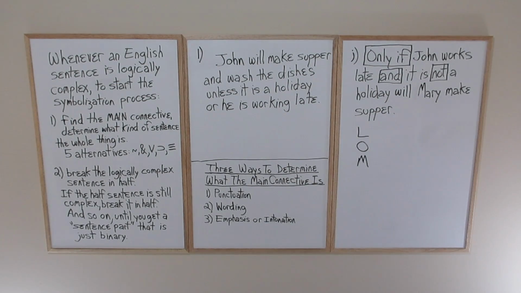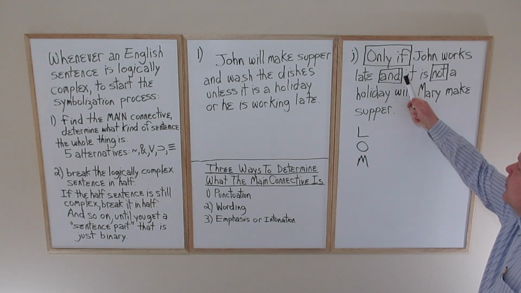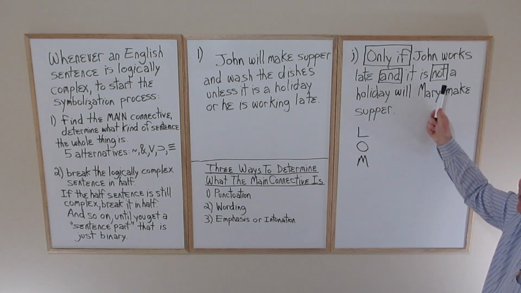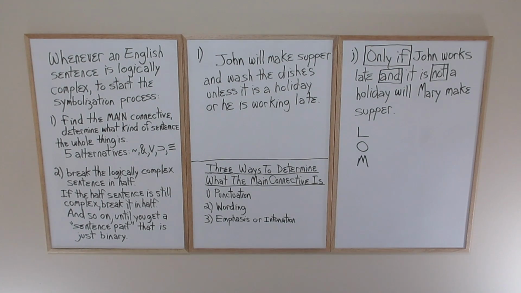Only if John works late, and it is not a holiday, will Mary make supper. I've put square boxes around the three logical relation indicators. Two of them are single words, one of them is the two-word phrase, only if.